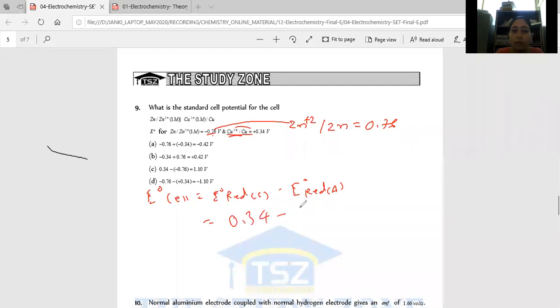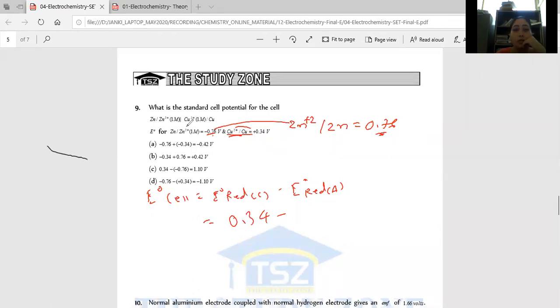It's 0.34. Just a minute. Zn to Zn plus 2 oxidation potential is 0.76, so its reduction potential is minus 0.76, right?